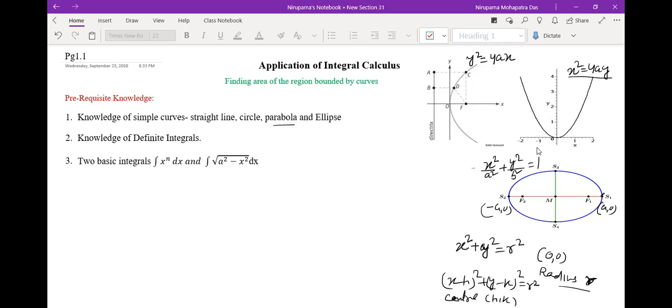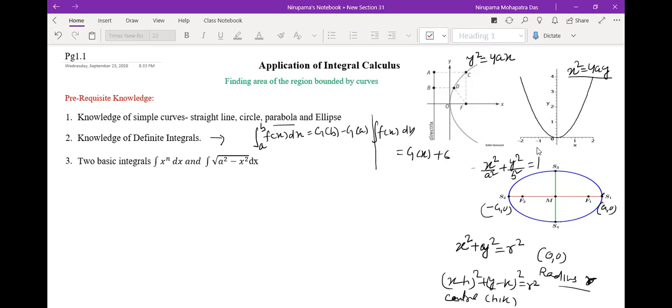Knowledge of definite integral we need, because whenever you have the integral from a to b of f(x) dx, if the integral of f(x) dx equals g(x) plus c, then with limits from a to b, that will be g(b) minus g(a). That is, the value of the integral at the upper limit minus the value at the lower limit.